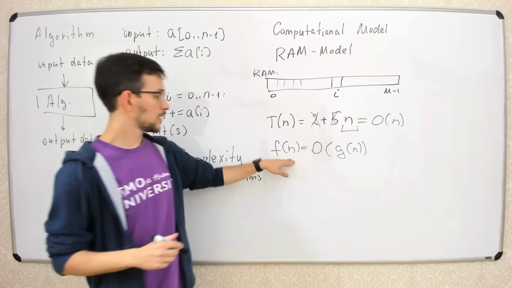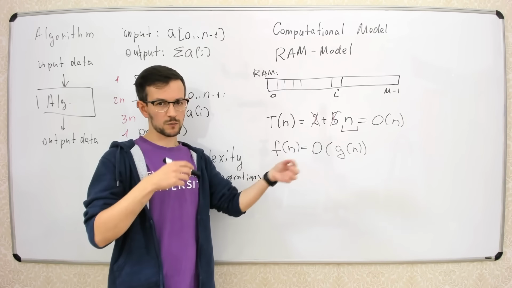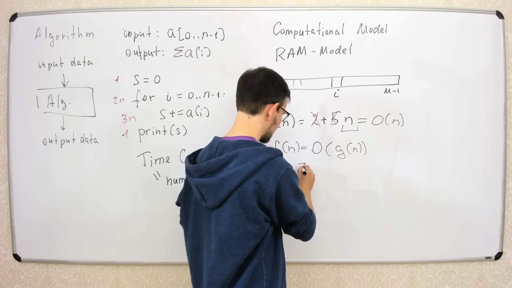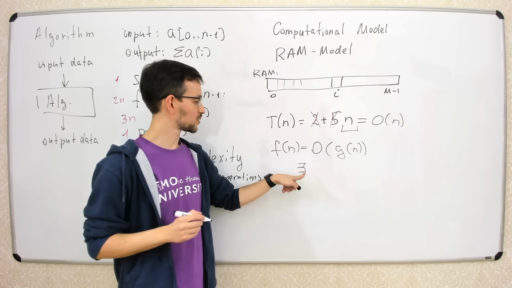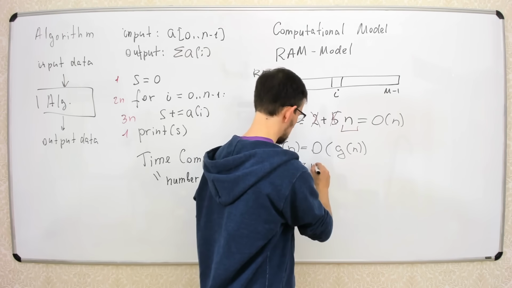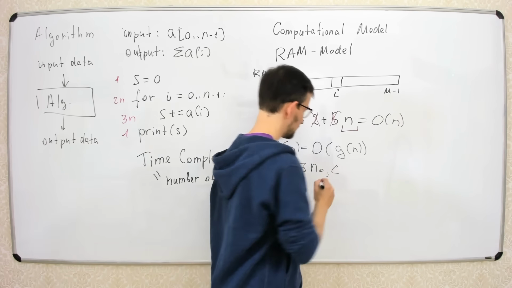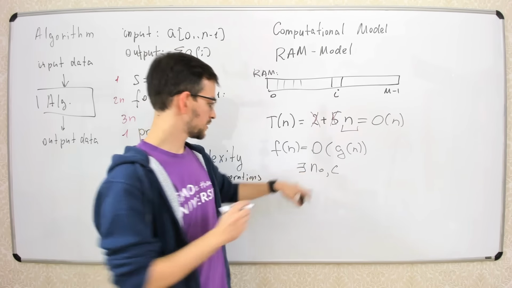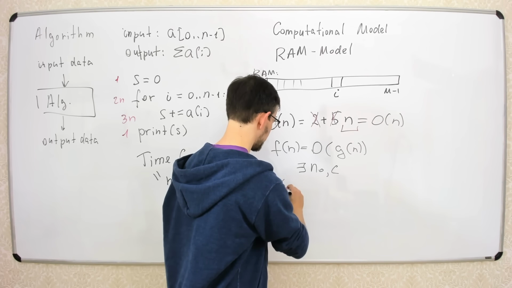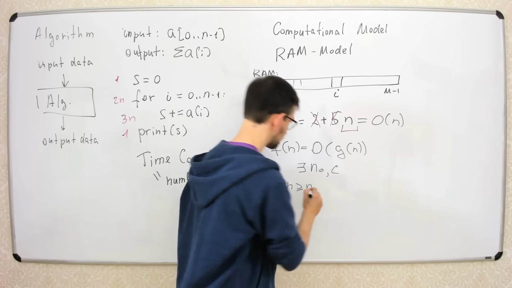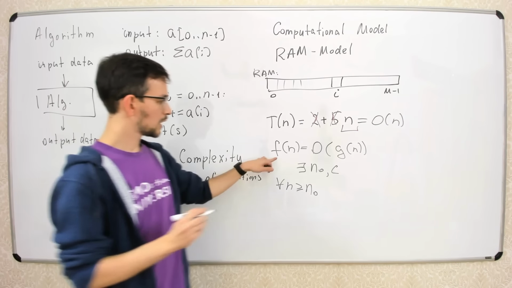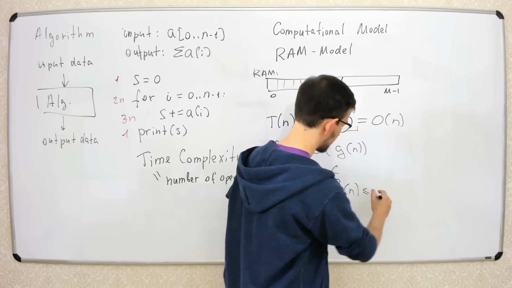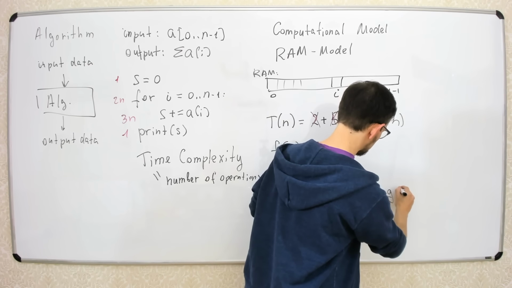If one function is big O of another function, what does it actually mean? It means that after some value n0, there exists some constant n0 and some constant c, such that for all n greater or equal than n0, this function f is no more than c multiplied by function g.